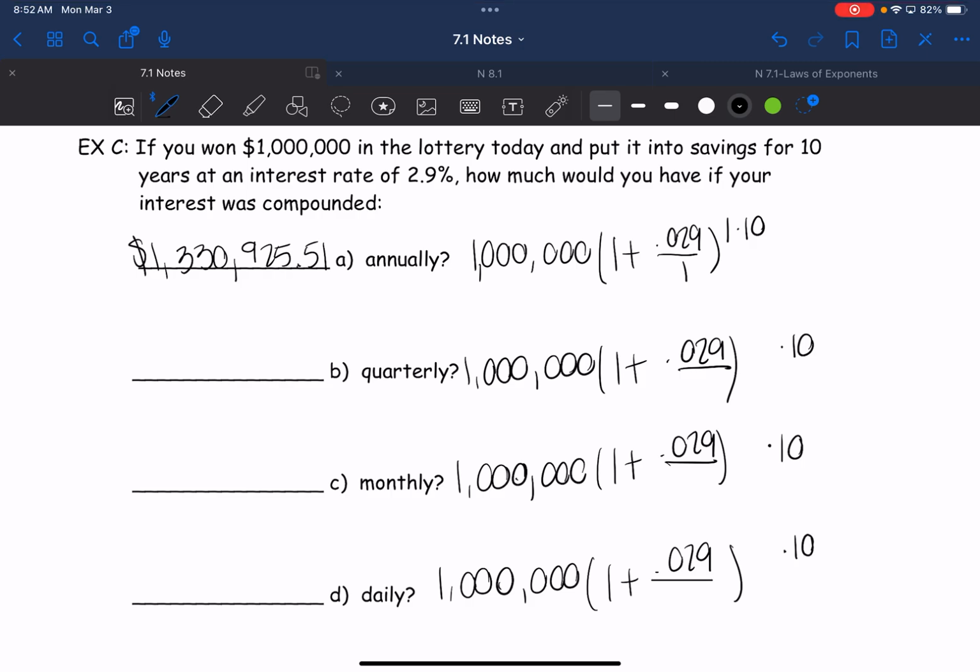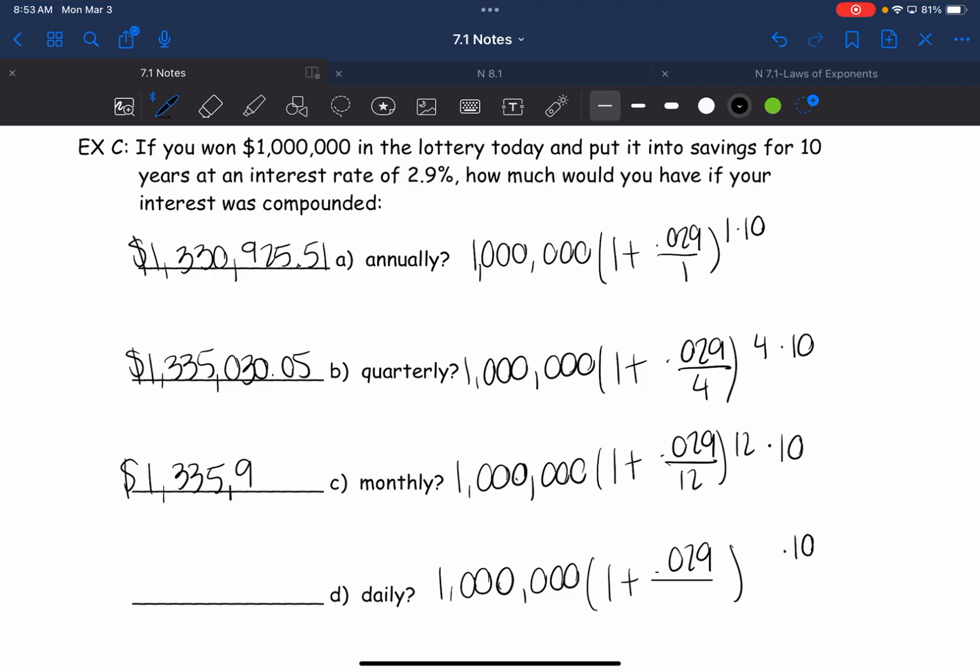All right, so for that quarterly, we said quarterly was how often? 4. All right, so we just plugged in 4s here and here. Can somebody tell me the amount you got for quarterly? All right. Okay, and then monthly. Monthly would mean how many times? 12. So I'm going to plug in 12s here. All right, can somebody tell me the amount that you got for monthly? 1,035,962.